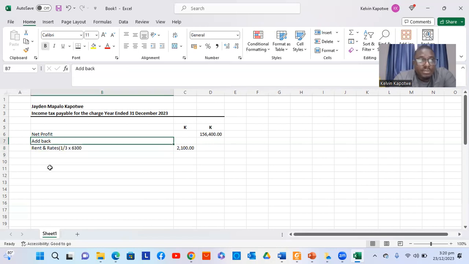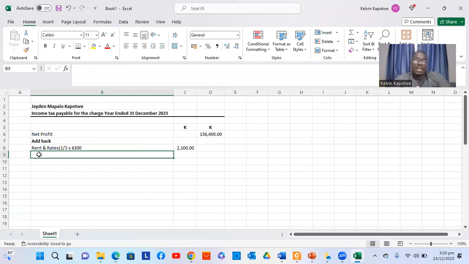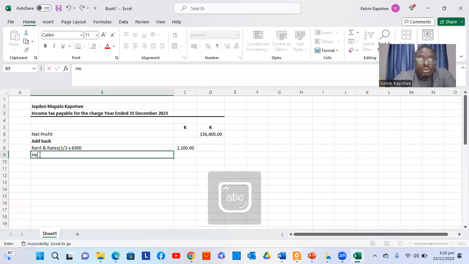Then we have heat and lighting. Equally, for heat and lighting, we were told that 1/3 of that expense relates to the accommodation of Mr. Kapotwe. So that is also disallowed.